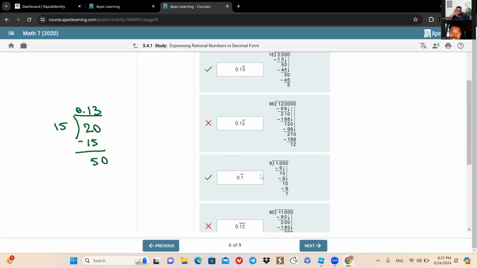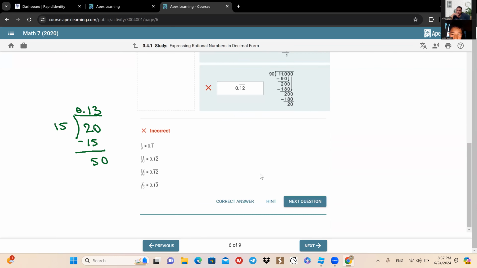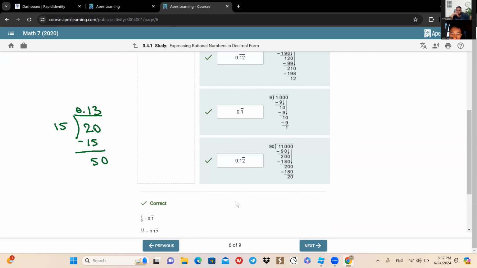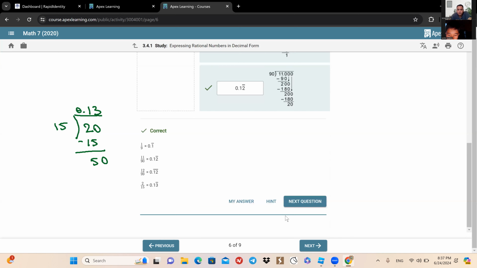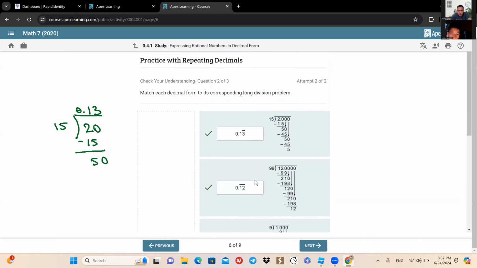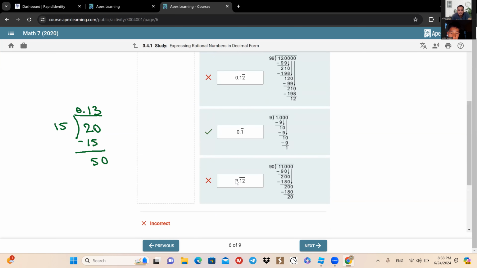I just moved them back, and it says it's wrong again. What's happening? If you go up, let's see. That's the correct answer. I think I might have mistakenly put the same ones back in again, without noticing.